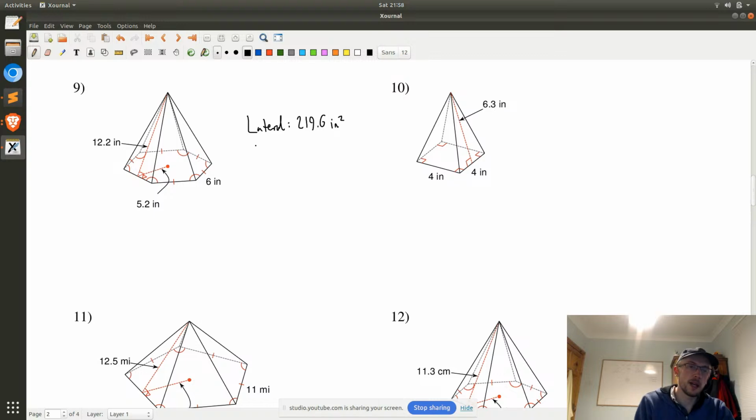square inches. And as for the base, 6 times the apothem times the side length, divide all of it by 2. So in other words, 18 times 5.2. So 10.4 times 9.